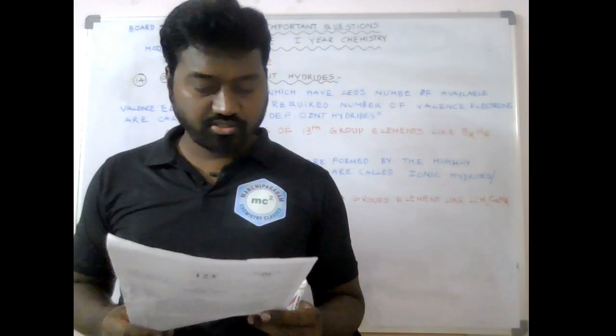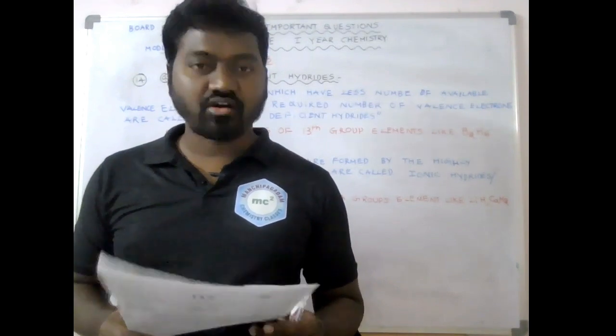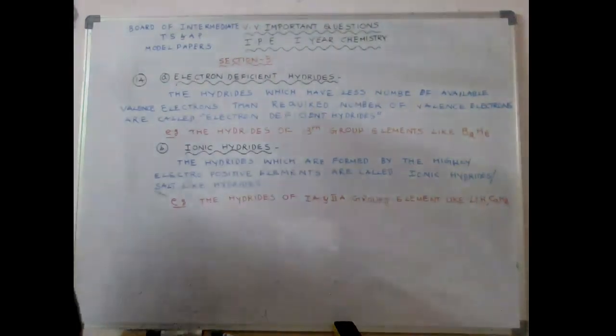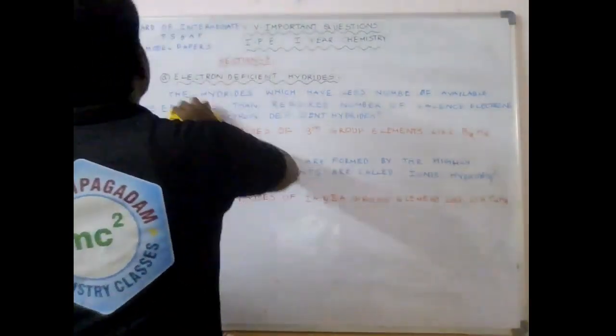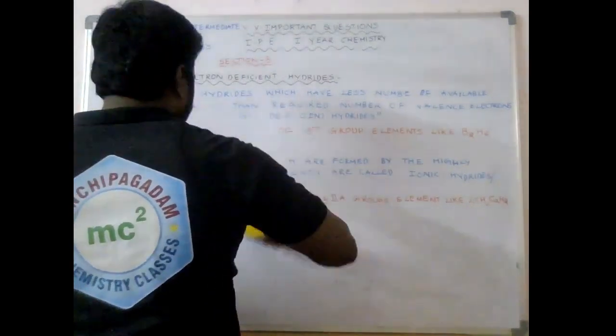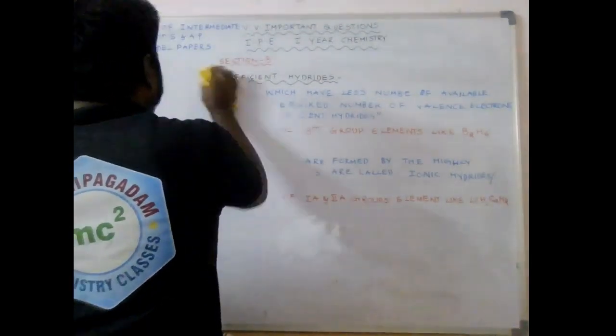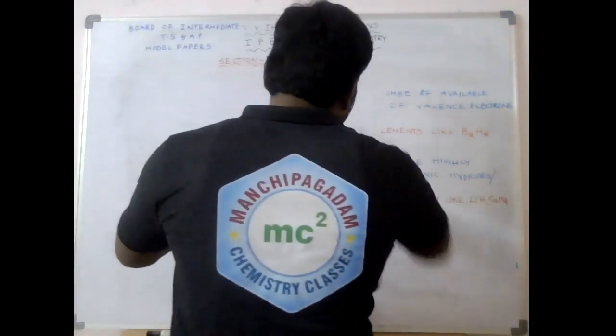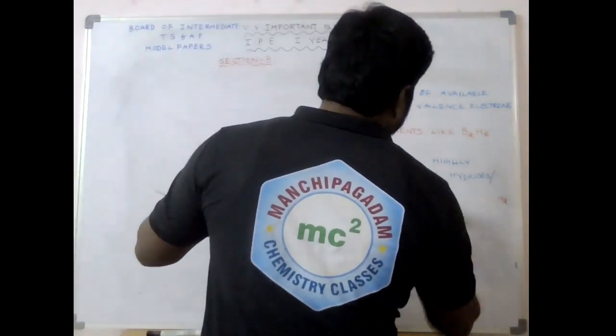Now the 15th question is, explain the structure of diborane. Anyone can guess this, right? That is from P block elements, 13th group elements actually. In the P block elements we have 13th group and 14th group, or 3rd A and 4th A group elements, as they are also known.